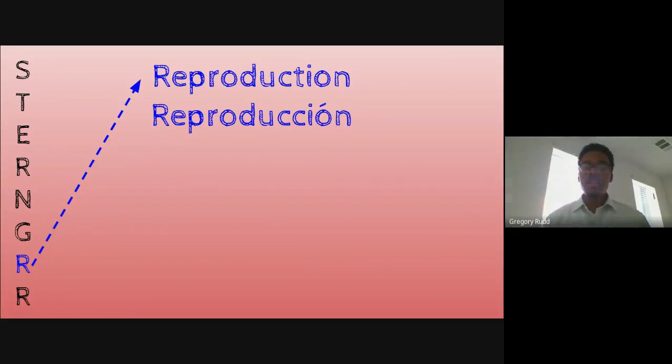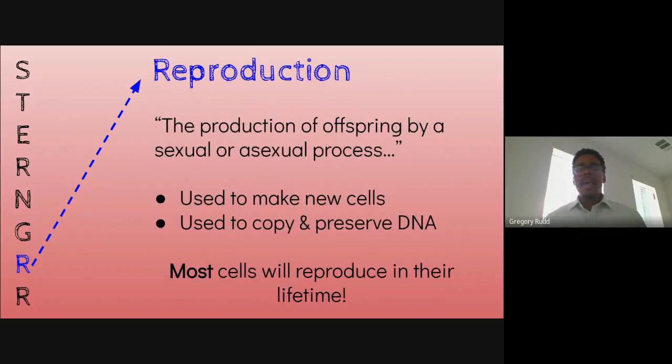So our 3rd unit is on cell reproduction. And reproduction is the production of offspring by a sexual or asexual process. So we're thinking about offspring. We're thinking about how new cells and new organisms can be born out of older cells and older organisms.